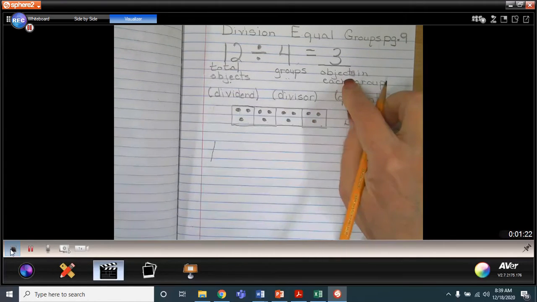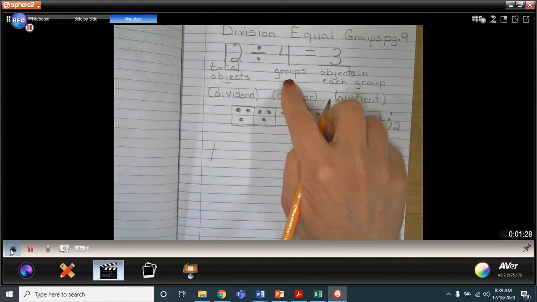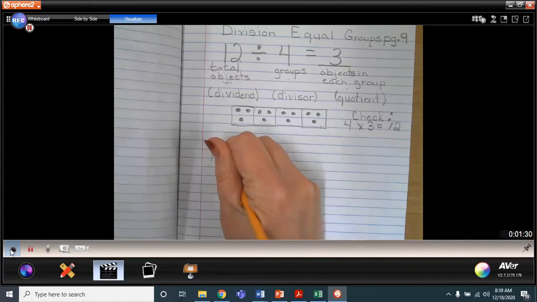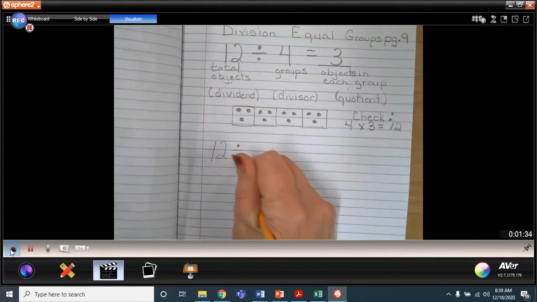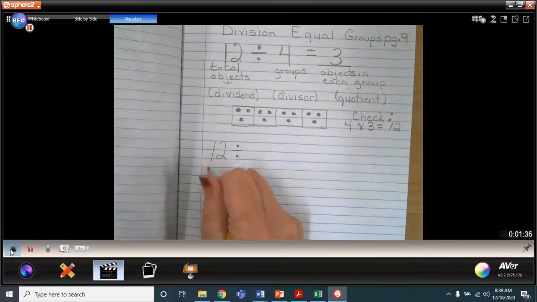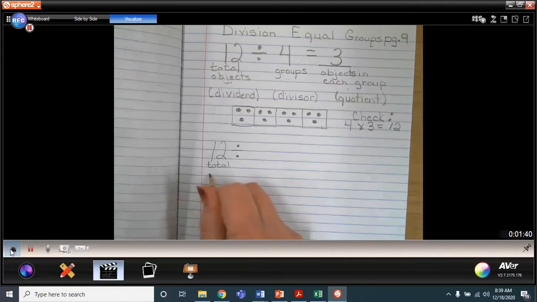This time we're going to know how many objects there are to subtract, and we're going to find out how many groups there are. So, if we start off with 12 objects, and again, we always have to start with the total. These again are the total objects.